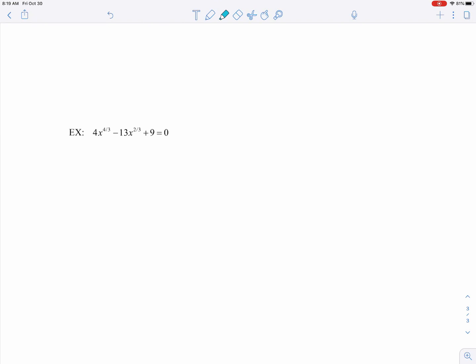Again, we're going to adopt the strategy that we're going to take this middle term, and that's what our substitution is going to be. w is going to be x to the 2/3. So x to the 4/3, that leading term, is really x to the 2/3 squared.